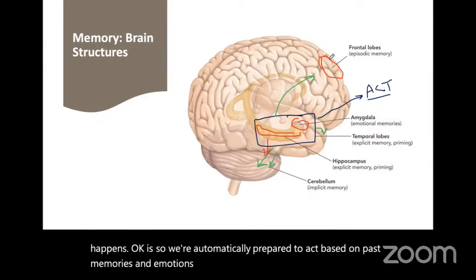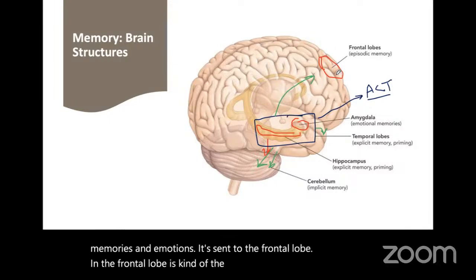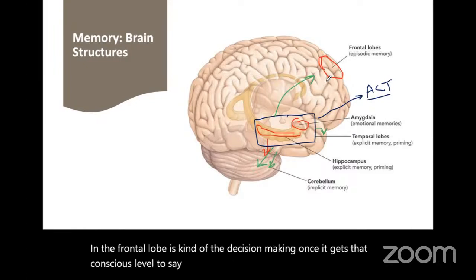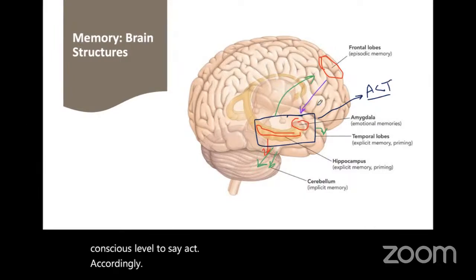It's sent to the frontal lobe, and the frontal lobe is kind of the decision maker. Once it gets to that conscious level, it says act accordingly, or don't act, okay? So the behavior is broken, all right?